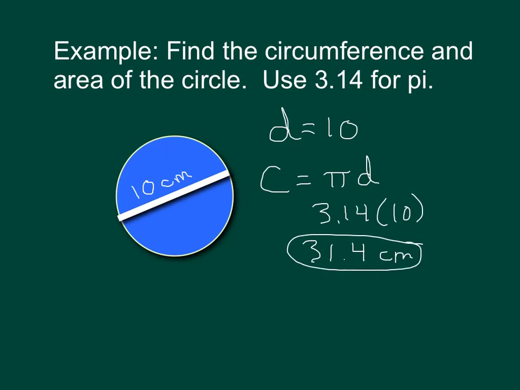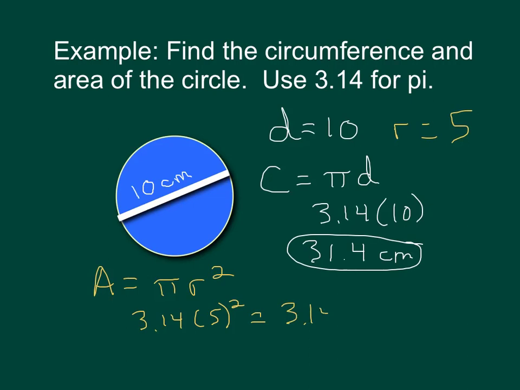To find the area, the formula for area is pi times radius squared. In this case, if the diameter is 10, the radius is half of the diameter, so the radius is 5. So we're going to do 3.14 times 5 squared, which is 3.14 times 25.